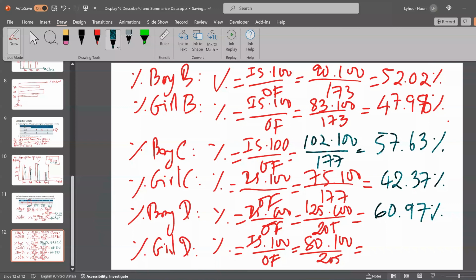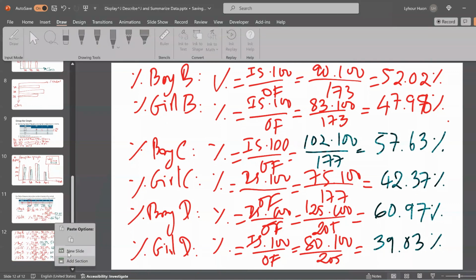What is the answer for girls in D? I got 39.02, but I think it should be 39.03 to add up to be a hundred. Okay, so now we have all the percentage results.